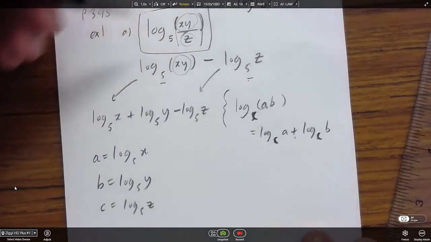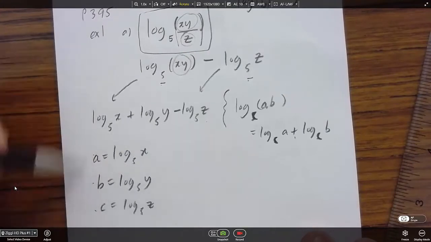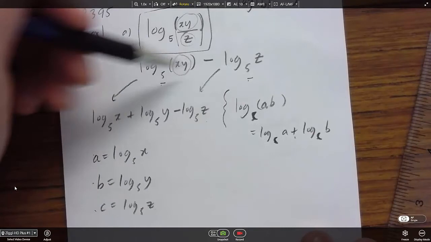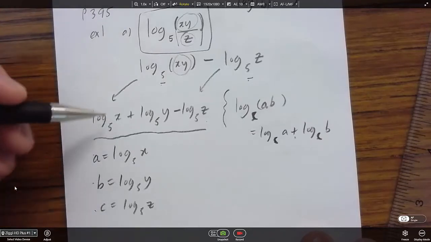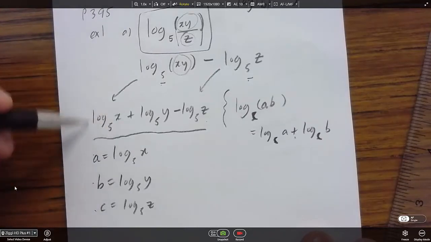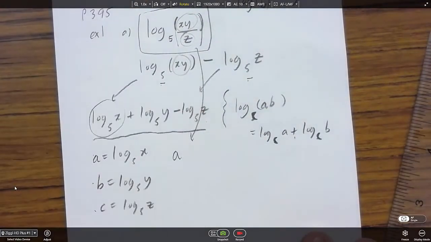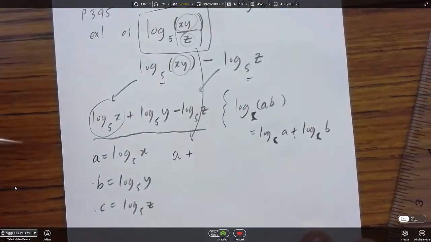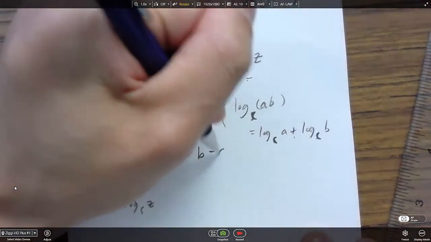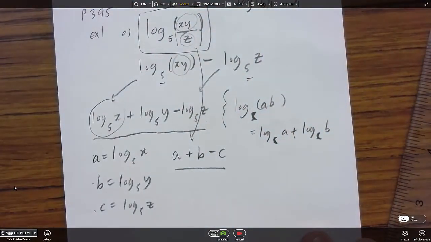Express this in terms of a, b, and c given this information. So before you give up, just break it down, and finally we get it down to this format here. And what we notice here is that this here is a, so this whole original question is going to be a plus b minus c. So that is our final answer.